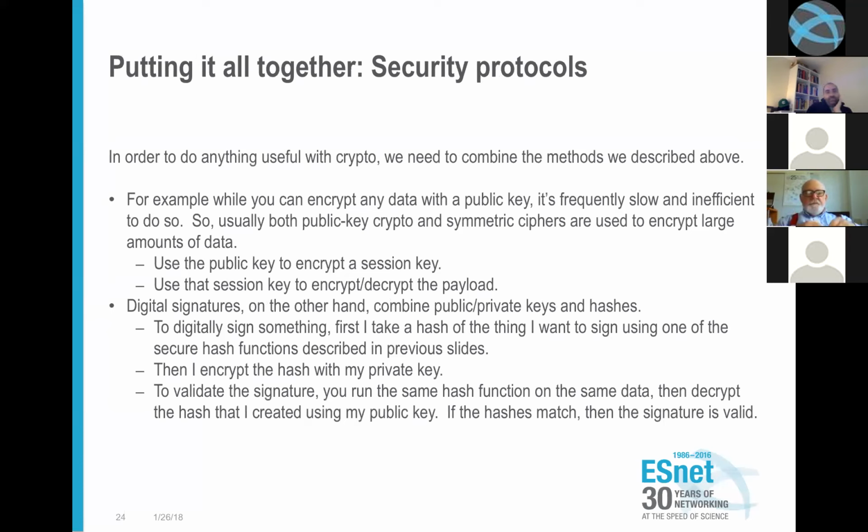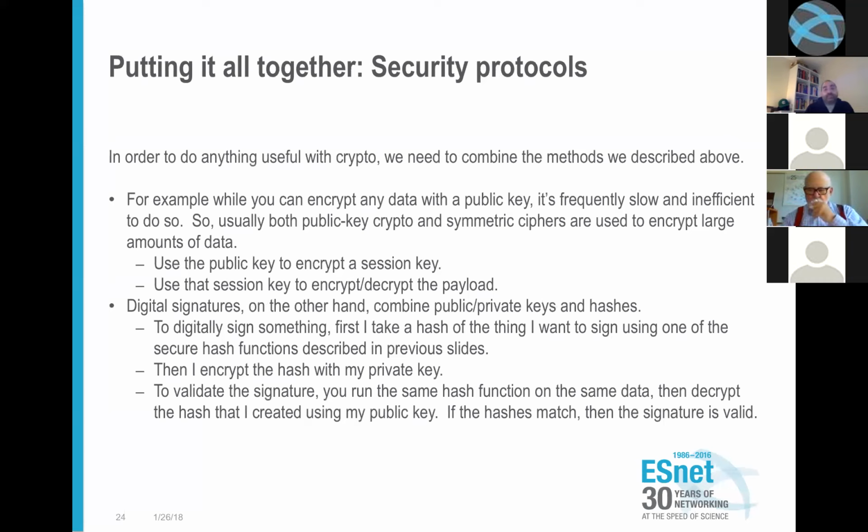You can actually encrypt a huge blob of data just using public key cryptography. I could take Jim's public key and encrypt an entire 4 gigs of data and send it to him. The problem is it's very slow and inefficient to do that. It actually turns out it's much easier to use the public key to encrypt a session key and then use that session key to encrypt a whole blob of data.